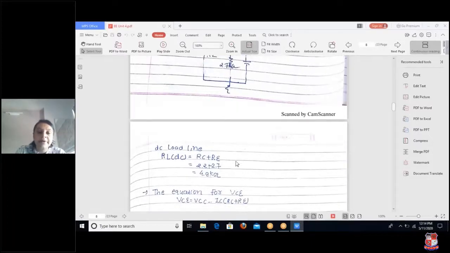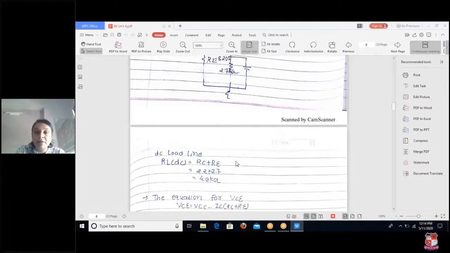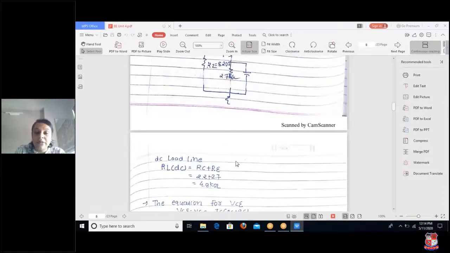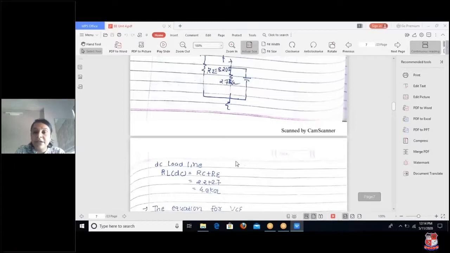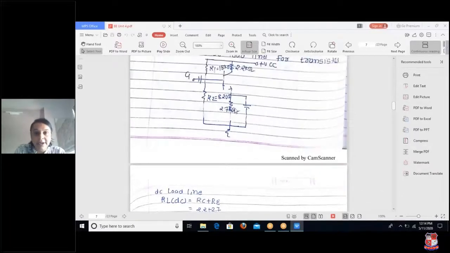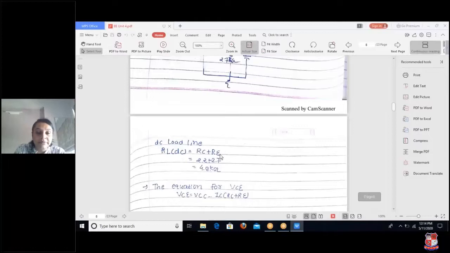Whenever the example does not give the value of RL, we find it from RC and RE. Here RC equals 2.2 kilo ohm and RE equals 2.7 kilo ohm. So what is RL? RL is 2.2 plus 2.7, which is 4.9 kilo ohm.